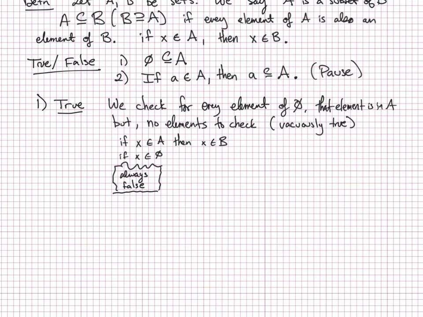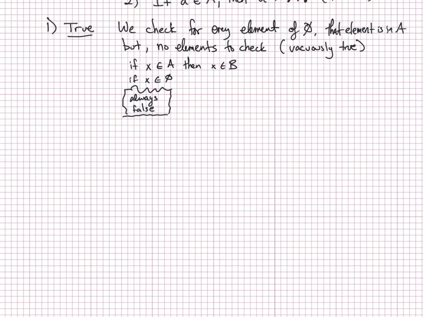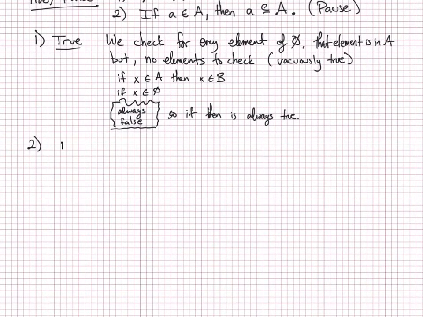Okay, so how about the second statement? So the if-then statement is always true, as the if part is always false. Let me do the second statement. So this is false. Why is this? Well, the statement A contained in A doesn't make sense.